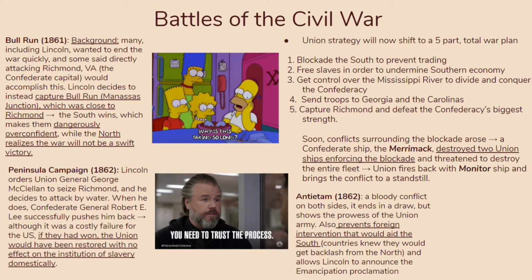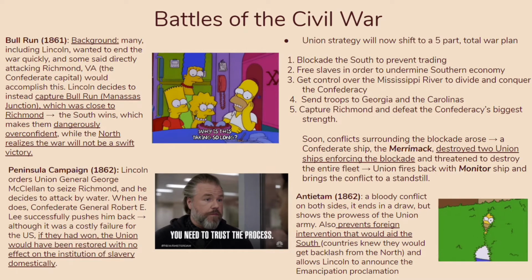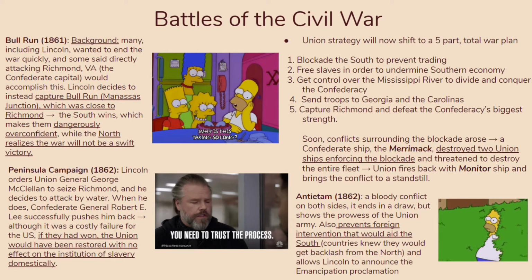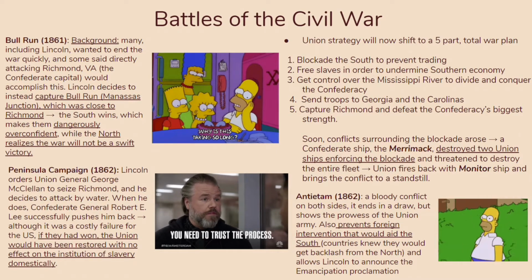And finally, another important battle you should know about is Antietam. This also happens in 1862, and this is a really bloody conflict on both sides, and it ends up ultimately in a draw or a stalemate, but it shows the prowess of the Union Army. It also prevents foreign intervention that would have aided the South, because countries knew that they would get backlash from the North. So now all countries are just backing out.